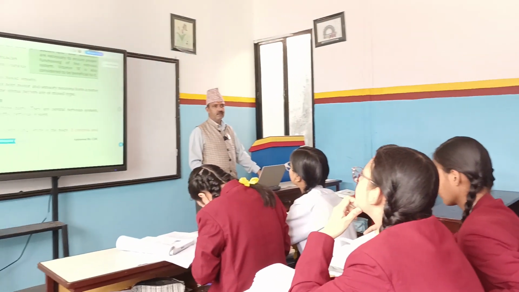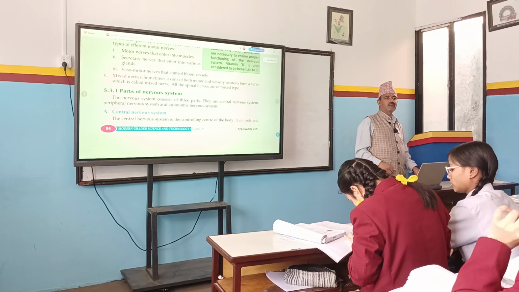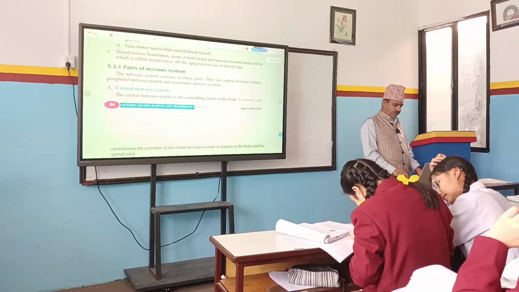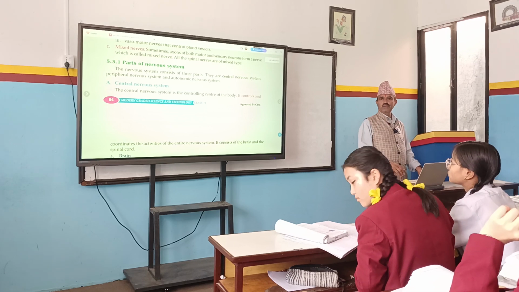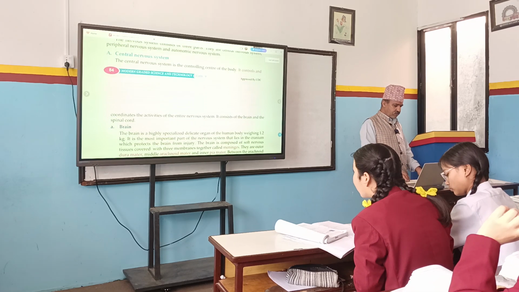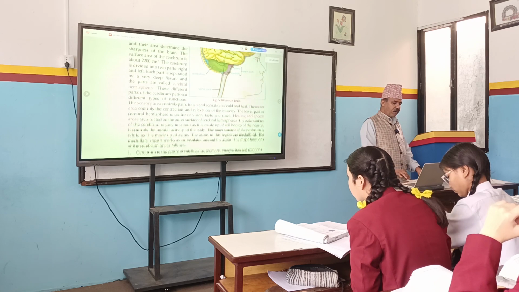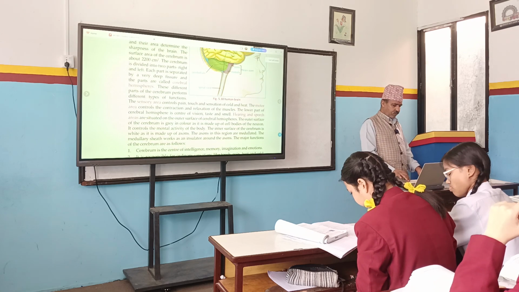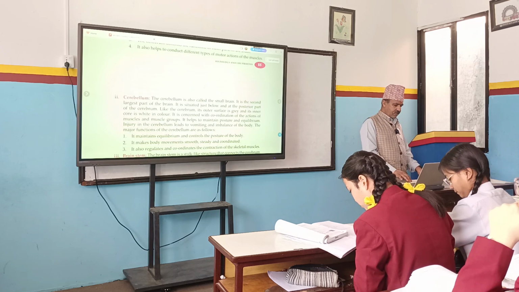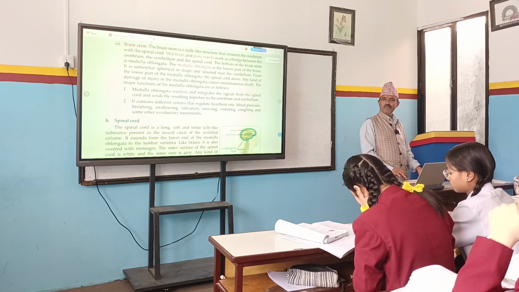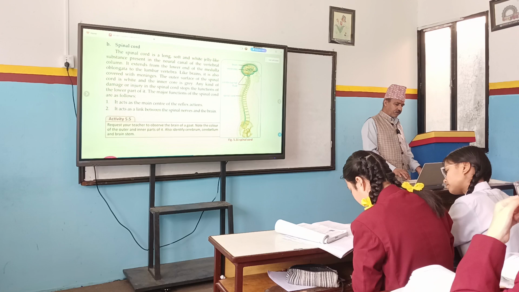Do you have to prepare for tomorrow morning? But today you have to explain in front of the class. Roll number 4, parts of the central nervous system. Your duty is to explain up to brain and cerebrum, up to function. Roll number 5, cerebellum, brain stem. Roll number 6, spinal cord.